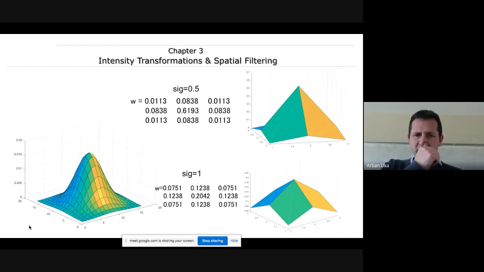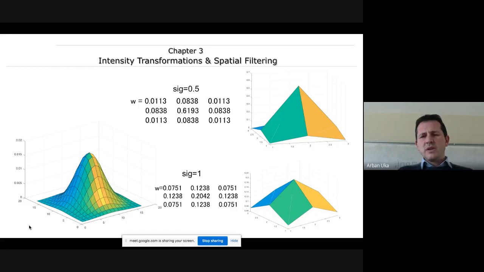Here, the kernel has a dimension up to 17 by 17, and it has a large sigma. On the right side of the slide, we show 2 kernels which are 3 by 3. If you read the x-axis, it has the size of the matrix which is going to convolve with a certain image.